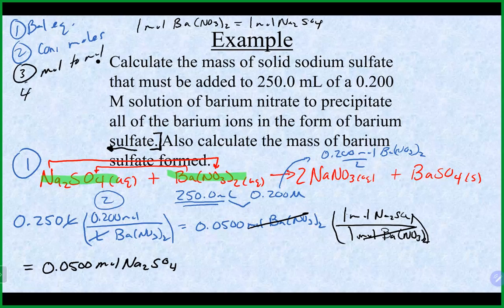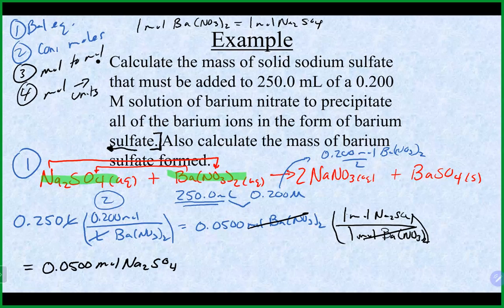The last thing is to convert our moles into the units we're looking for. And in this case, we're looking for grams. So now that I've converted over to sodium sulfate, we need the molar mass of sodium sulfate.